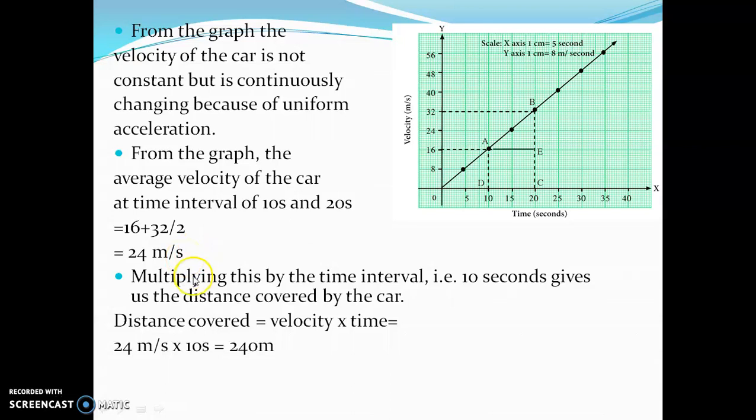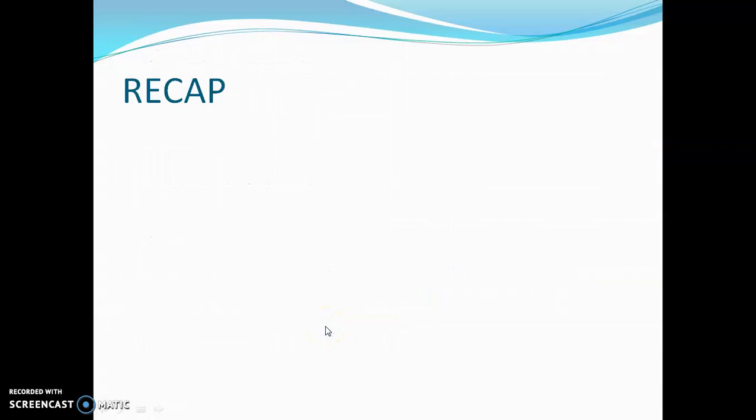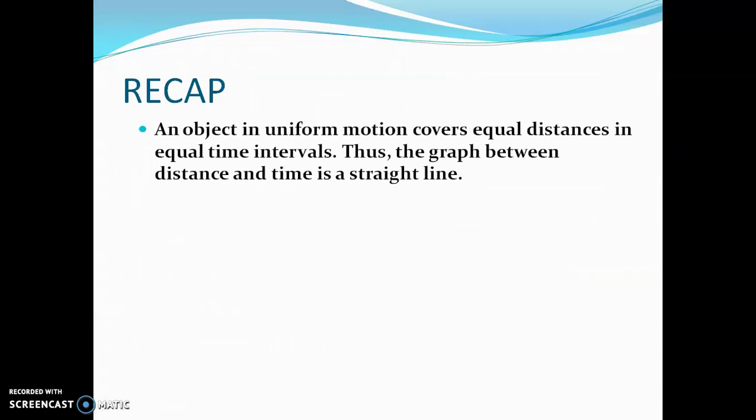And then, to find the distance covered, the formula is velocity into time. So, velocity 24 into time, that is the interval of 10 seconds, 20 minus 10 is equal to 10. It is 240 meter.